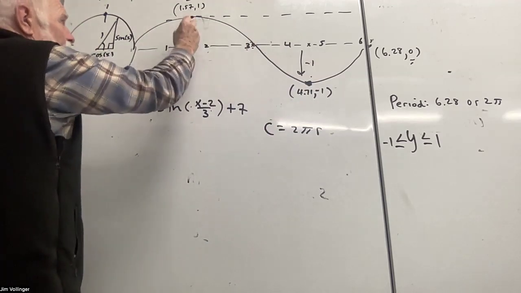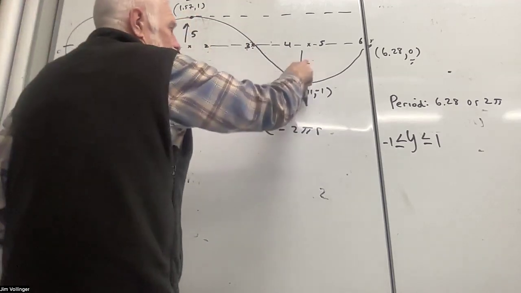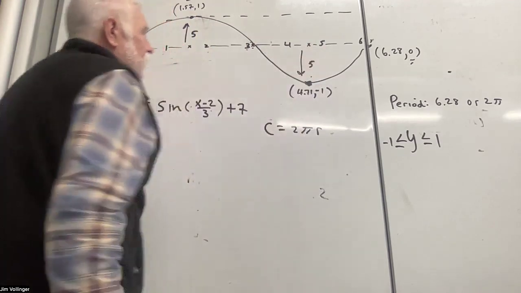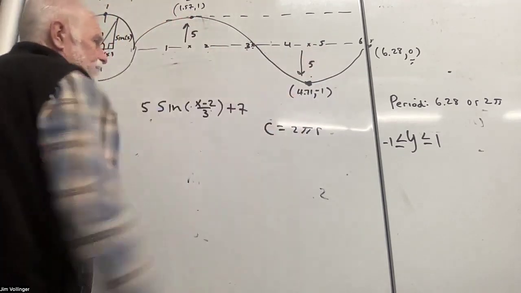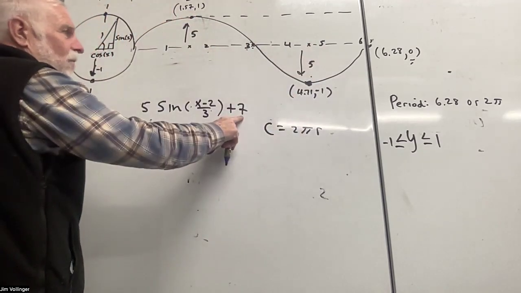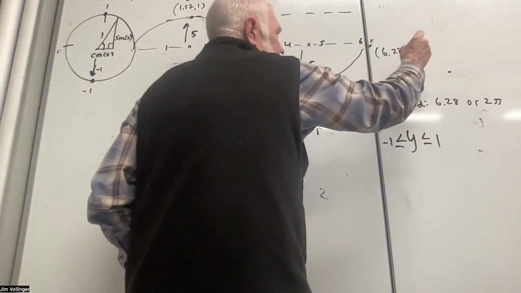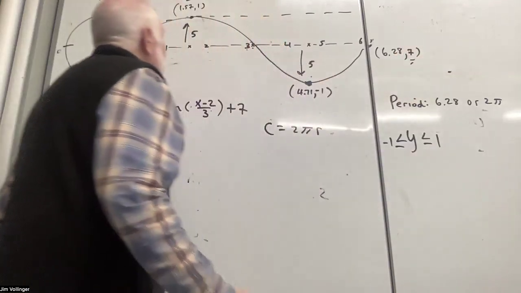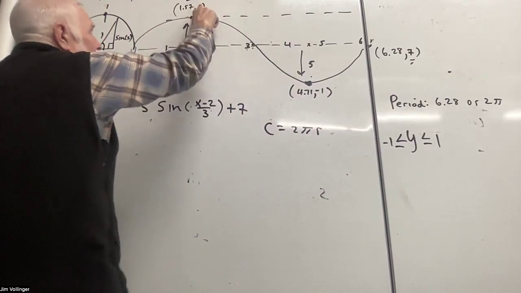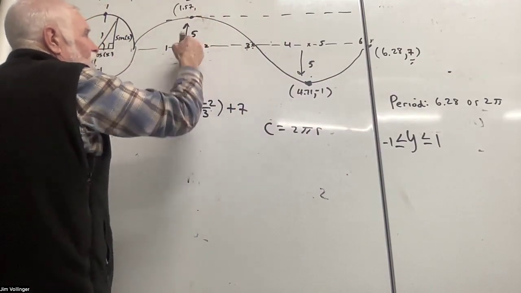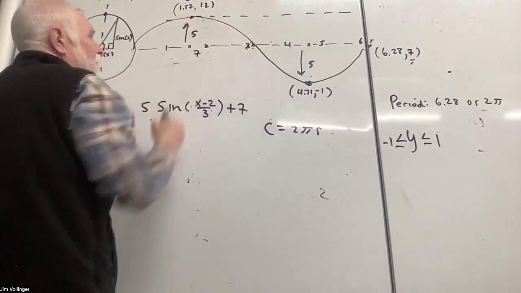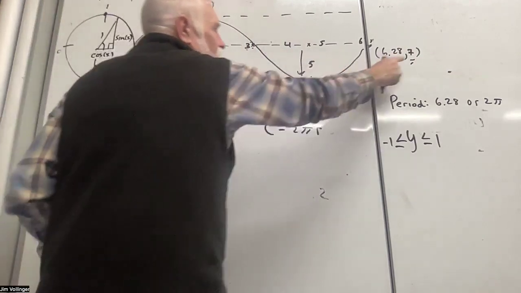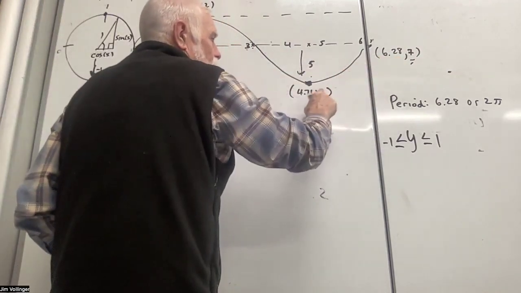I think this is going up and down by 5 now. I think we have amplified our peaks and our valleys. And I don't think I'm at 0 anymore. I think I'm at 7. So that's not 1. If I measure from 7 and I go up 5, that's now 12. And if I go down 5 from 7, that's now 2.